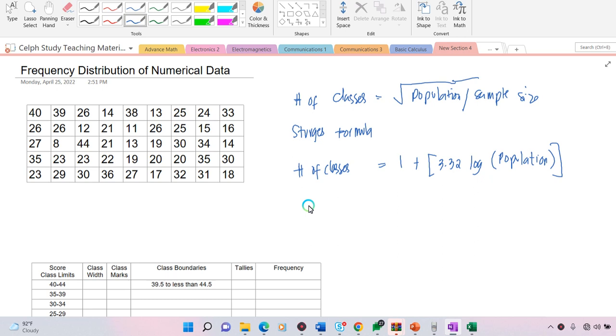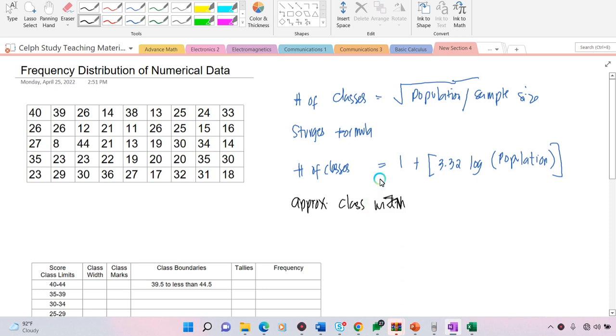The quotient is rounded to a convenient number. So that means your formula for a specific class width is only an approximation, an approximated class width.